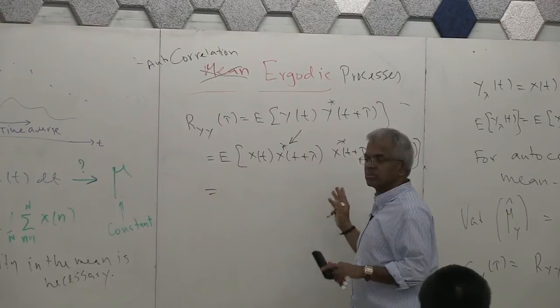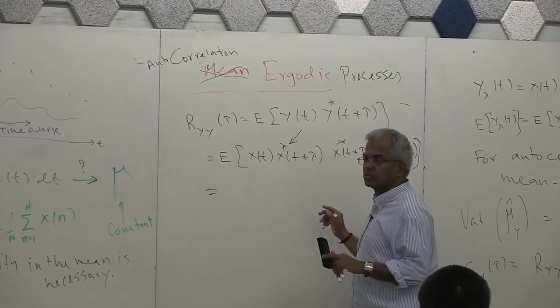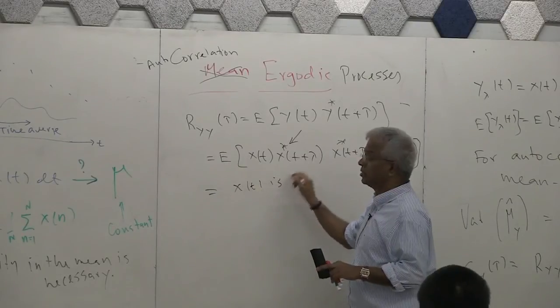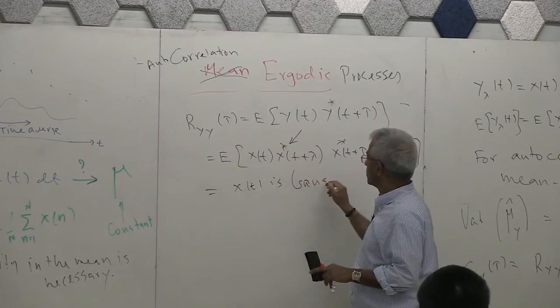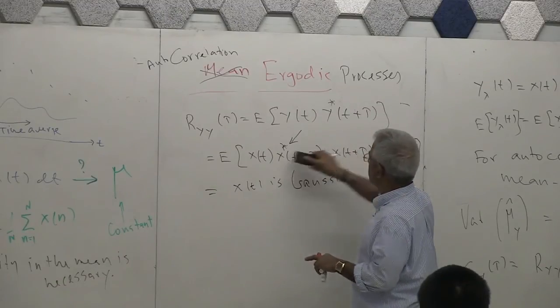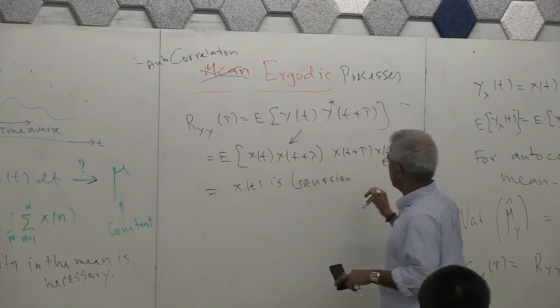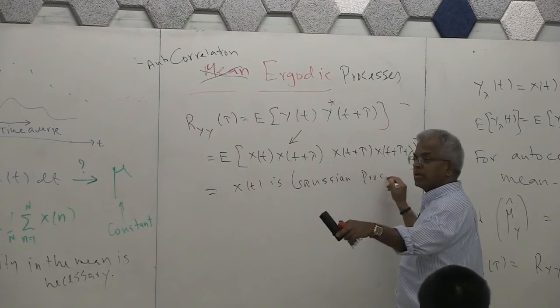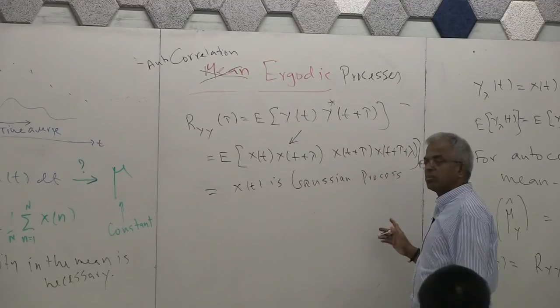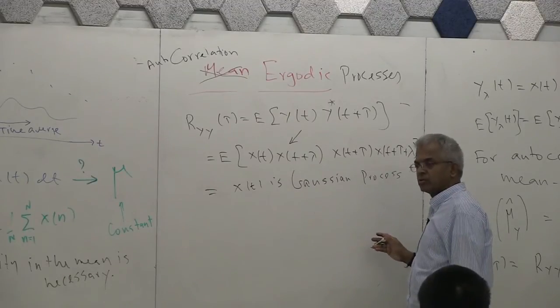now generally you will have to leave it like this, fourth order, except when x of t is of course a Gaussian process. Now the results are different if it is complex and real, so I'll do it for real. And remember, a few weeks back, for zero mean Gaussian processes, I gave you how to find the fourth order moment?